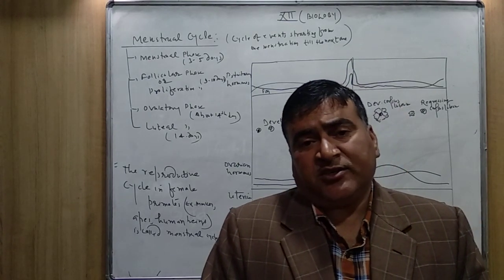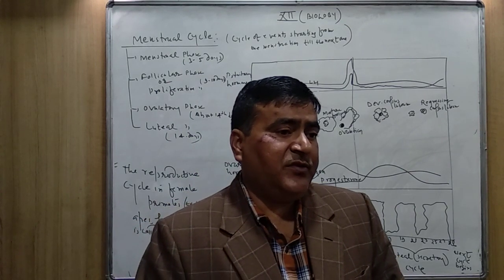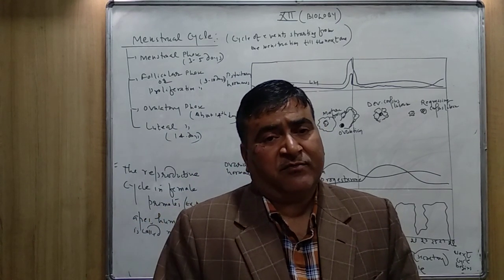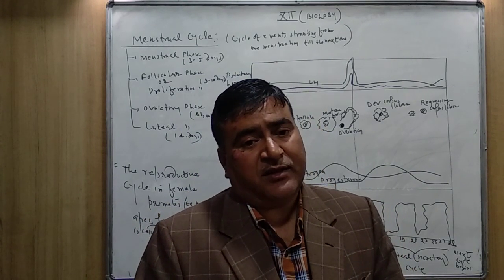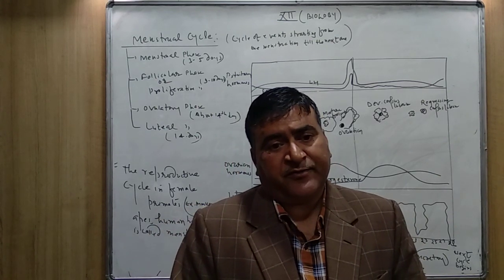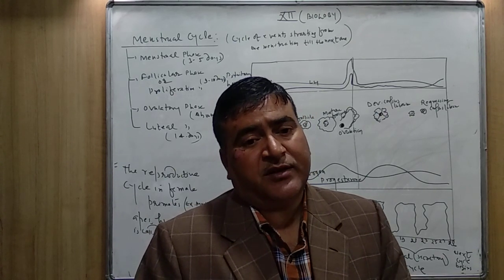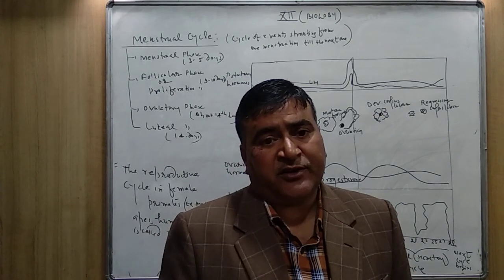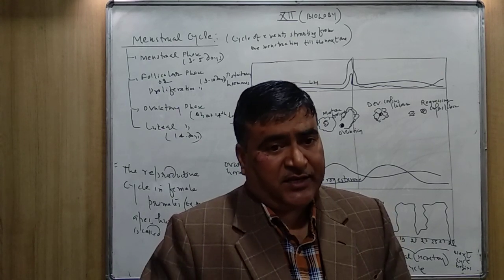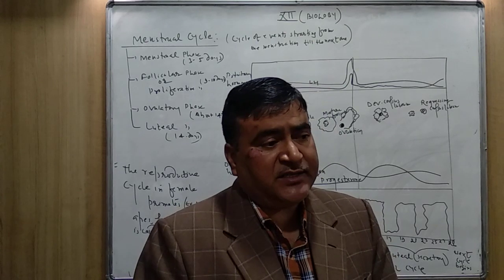And what events occur in the menstrual phase? In the menstrual phase, there is the sloughing of the blood vessels. As you know, for proper implantation, the uterine wall becomes thick to take the embryo for the complete development of the fetus.